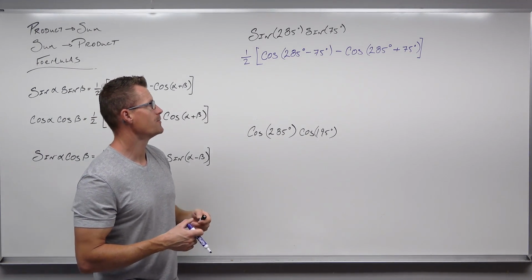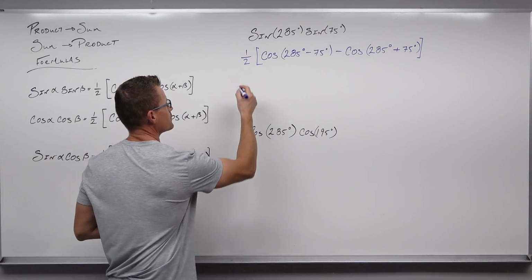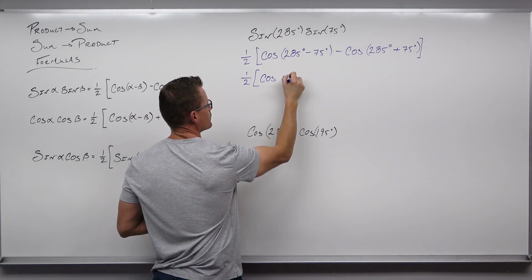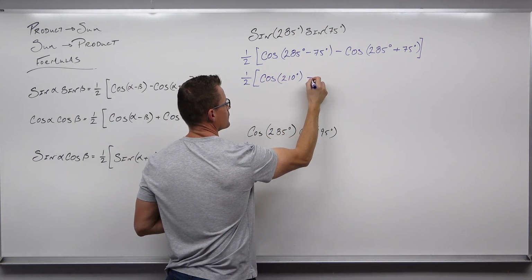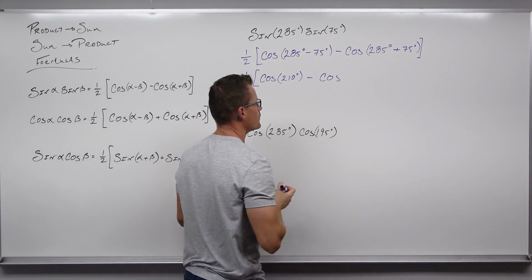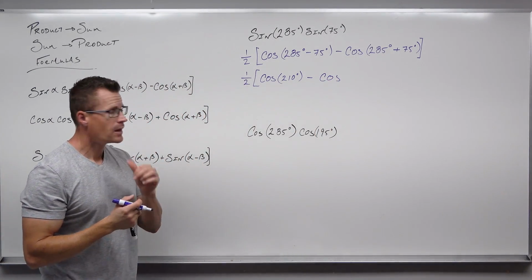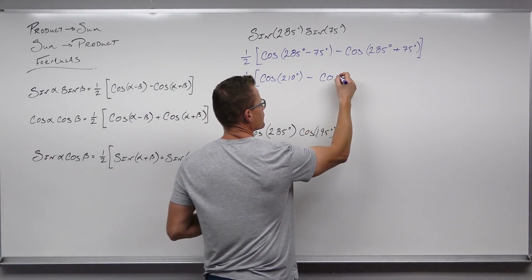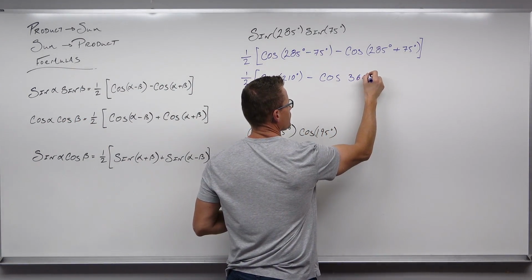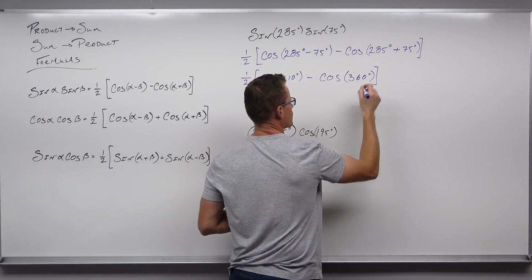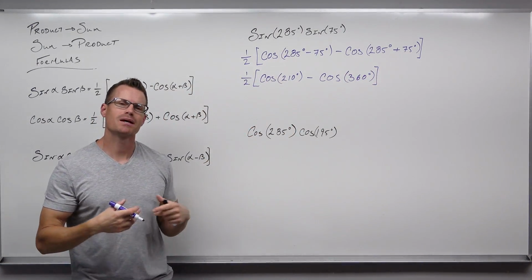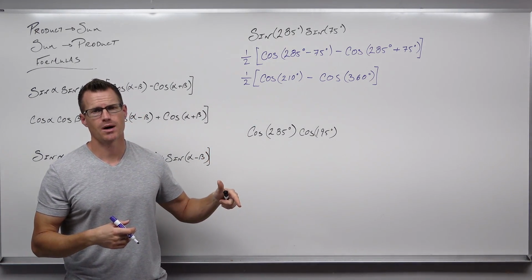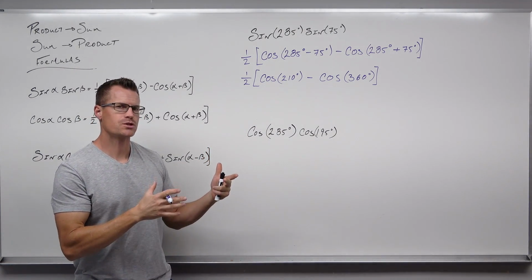So 285 minus 75 is 210. 285 plus 75 is 360. Now that's really nice because 360 degrees is one full revolution, just like 2 pi. So I already know that one, that's on our unit circle.